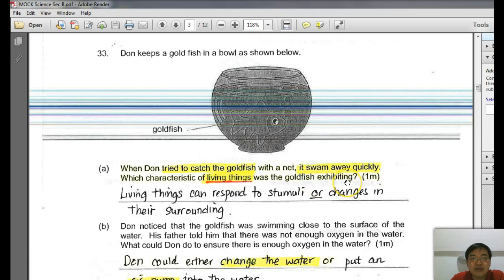Okay, now when it goes away, it means it responds. Usually we will not put that a goldfish can respond, but we have to talk about living things as a whole. Can you see over here it says living things, so your response must be living things can respond to stimuli or changes in their surroundings.